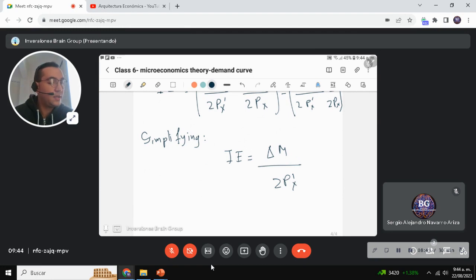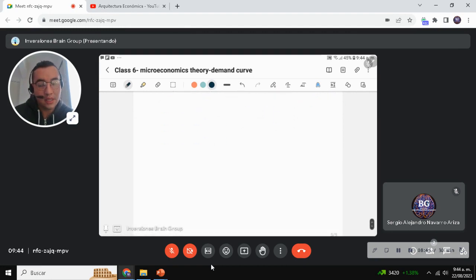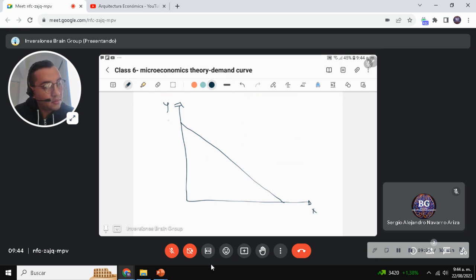Now, what is the graph? The graph, this. The good x, the good y, the budget constraint: income divided by price y, income divided by price x.